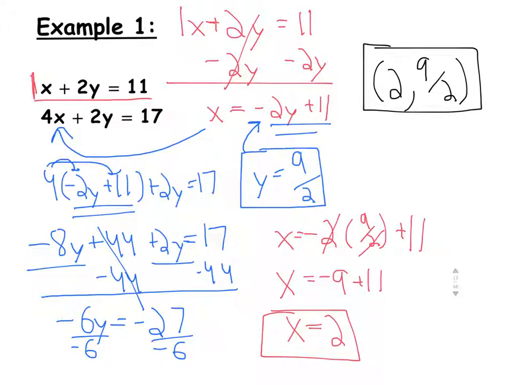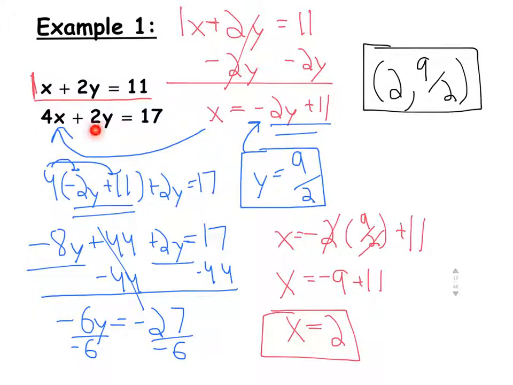And just real quick, this is what most of the problems are going to look like. They're probably not going to have a variable solved for like in the previous example. So you're going to have to decide which one is the easiest to solve for out of the 4 variables here. Is it going to be an x? Is it going to be a y? Well then, which one from which equation? Now it doesn't matter which one you solve for.